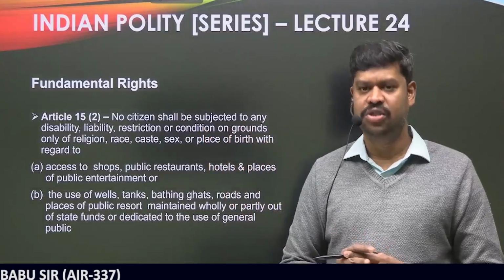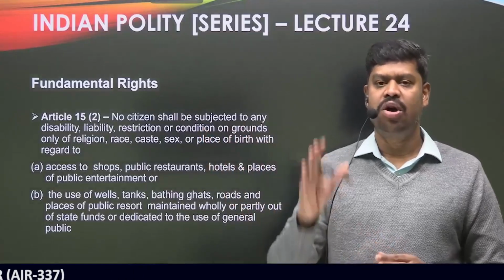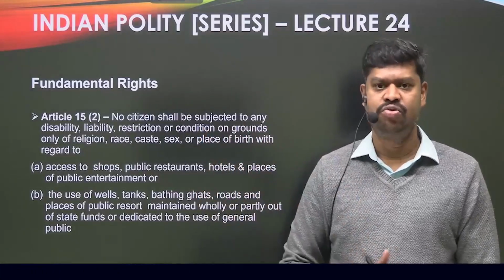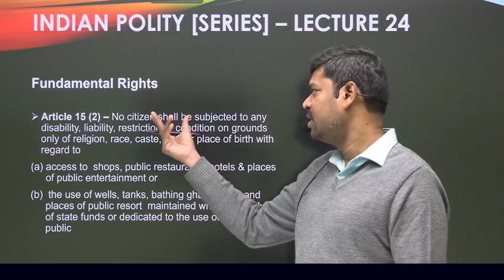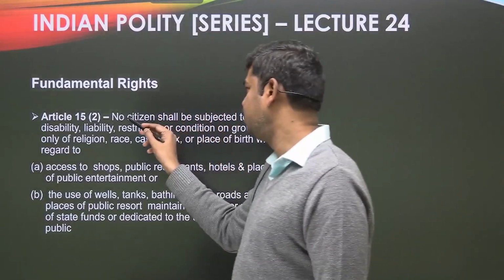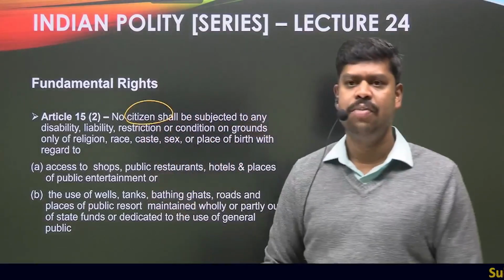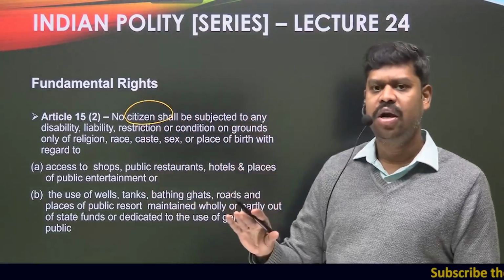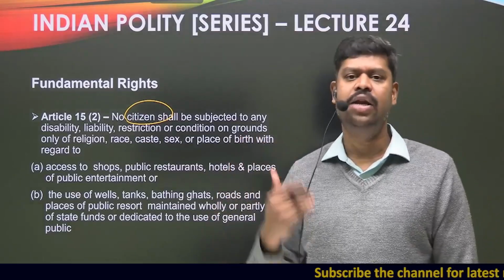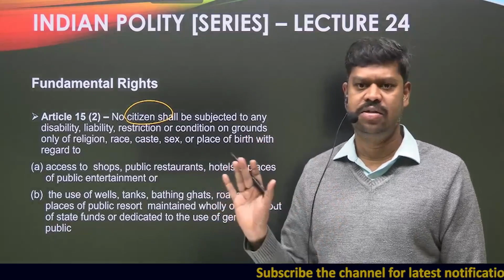Whereas what is Article 15 Clause 2? It is saying it is not necessarily the state. Because here the word state is not explicitly mentioned, it says no citizen shall be subjected. So that is what is important. In both Clause 1 and Clause 2, those entitled to this fundamental right are only the citizens.